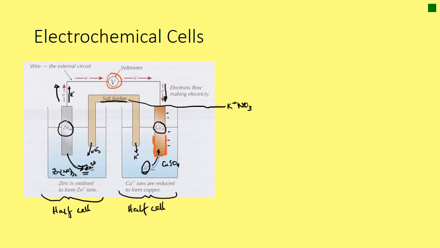And if there's a big difference, there's a big force on those electrons. So if there's a big difference in reactivity of the two metals that form the electrodes, then there's a big electromotive force on those electrons, and so more electrons will travel around the circuit with a big electromotive force, all else being equal, of course.